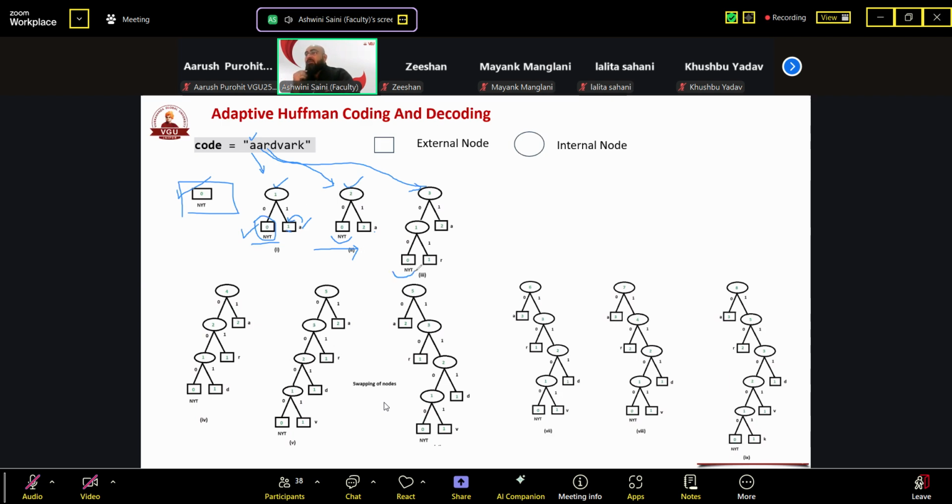Here we update this NYT, shifting it lower on the left side, and we introduce R. This R has weight 1, as the symbol has appeared one time. So we have R with weight 1, and we add these two with weight 1.